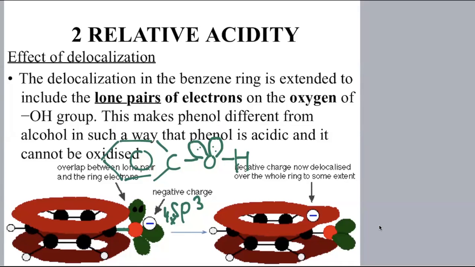Instead of having the delocalization only in the benzene ring, it is now extended out onto the oxygen as well. So this helps explain why phenol is more acidic than its relatives.